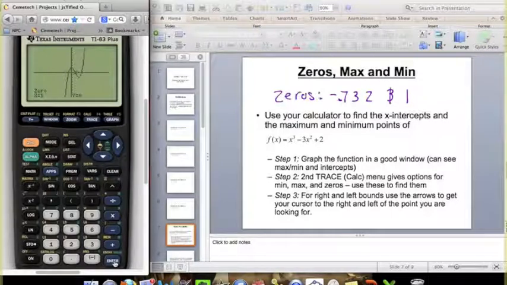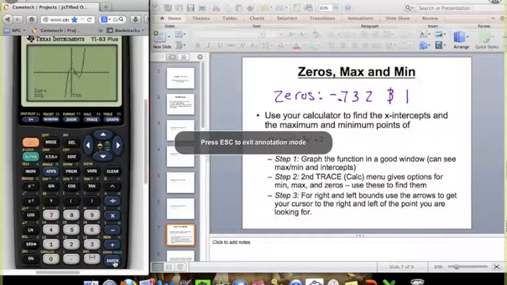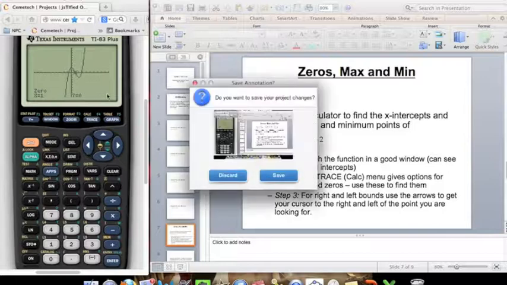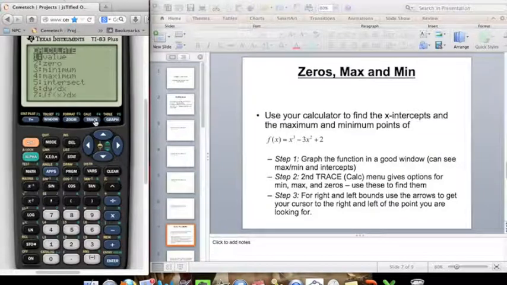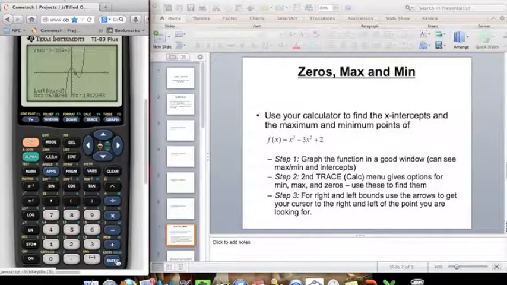As we continue moving along this line now, tracing it out, the next thing we would come to is a valley. On the calculator, we call those minimums. I'm going to come over here and press second, trace, and I'm going to choose minimum from the list this time. I'm already on the left, so I can just hit enter.